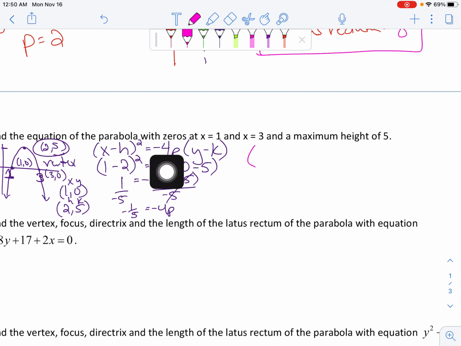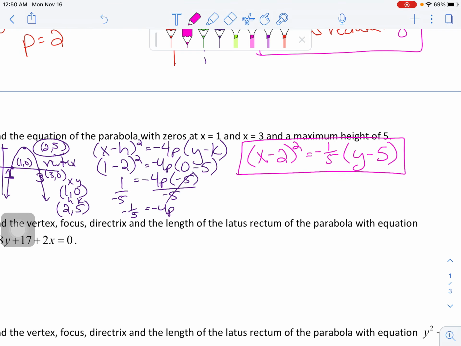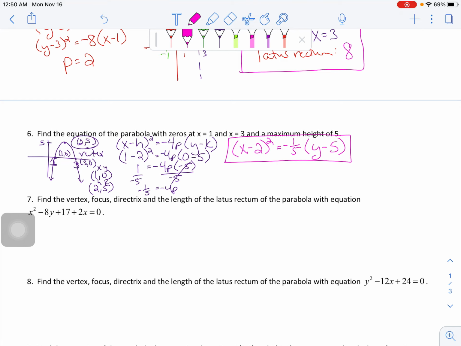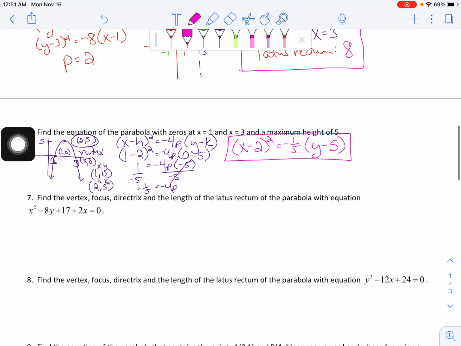I'm going to fill in h, k, and negative 4p with those values. So (x minus 2) squared is equal to, now negative 4p here I know is equal to negative 1/5. So negative 1/5, and then (y minus k) was 5. Now, unless the problem explicitly says to write the equation in general form, it is perfectly okay to write it in standard form and just let that be your answer, okay?